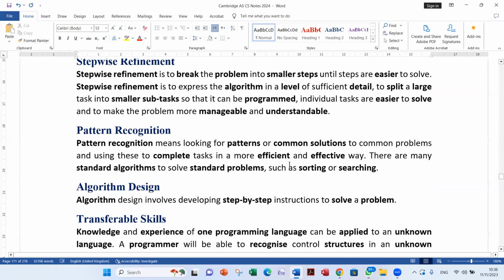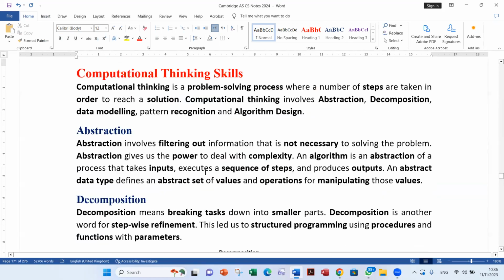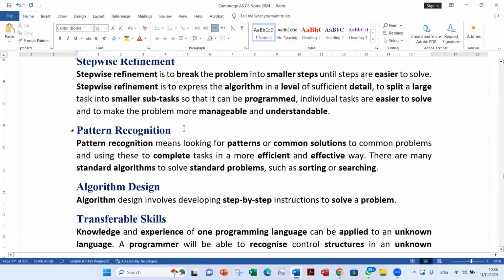Pattern recognition. This is also about computational thinking skills. What is meant by pattern recognition? Look at the task you are programming, because there are some very popular algorithms. For example, if your program is about to create a sort or a search, do not try to reinvent it, because this is already written in books and taught to computer science students.